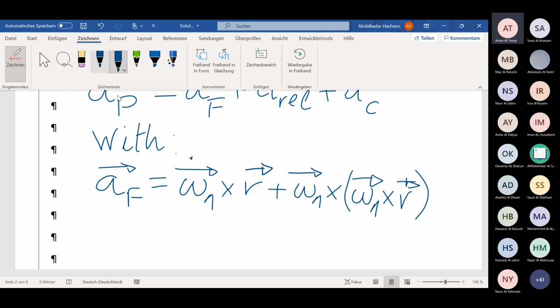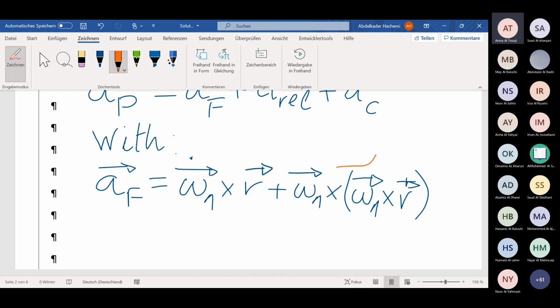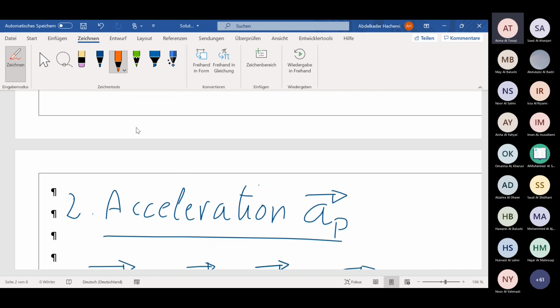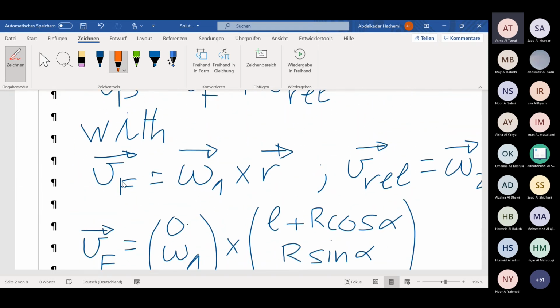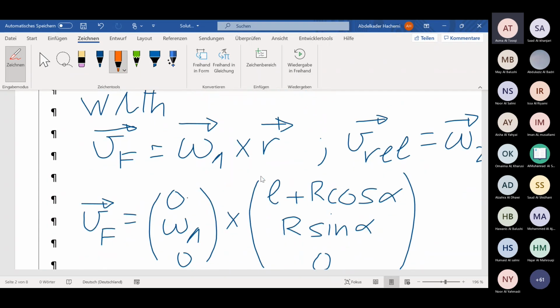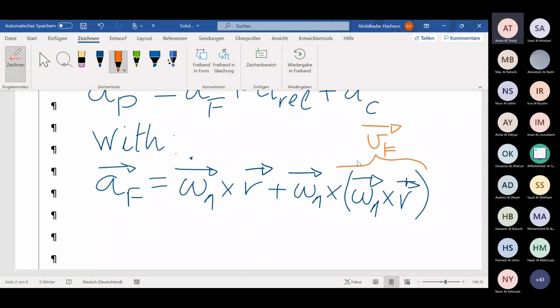Okay, this term here is only VF. As you see it here, VF is only omega 1 cross R. And this here is VF, this term.